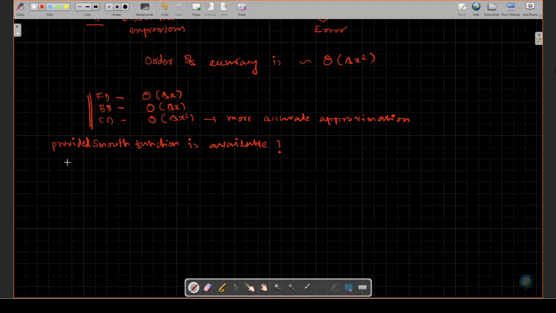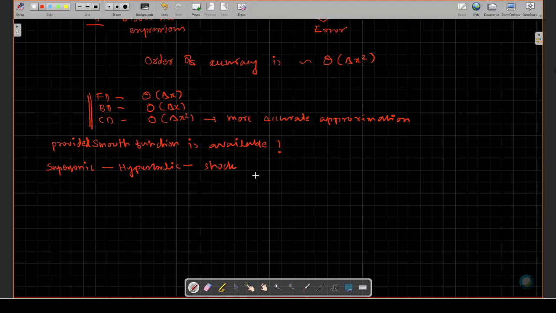Say for example you have a hyperbolic problem, a supersonic case. You know that supersonic problems are hyperbolic in nature, and hyperbolic PDEs will have a shock.